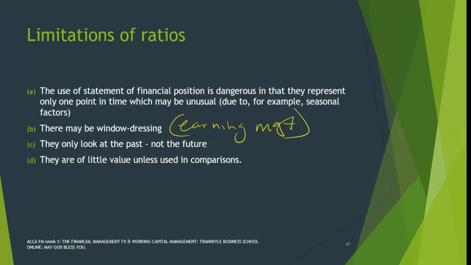So that's another limitation of ratios. They are of little value unless used in comparisons. This is why I say that you need to some extent compare the results with those of industry or other competitors or other departments.